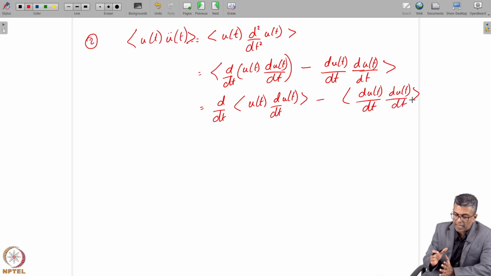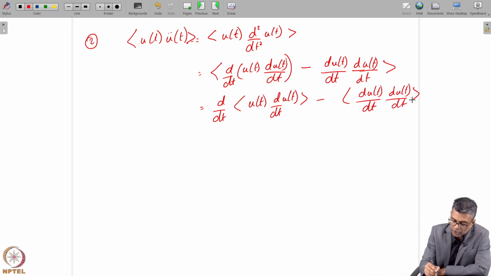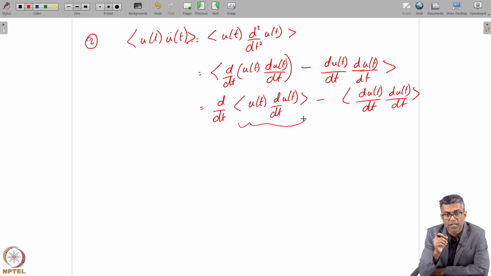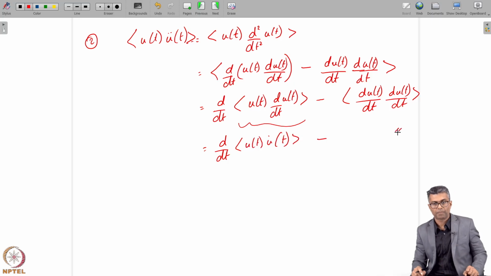I just split, I took the averaging of the first term and the second term separately. Now look at what this is. It is the covariance of u(t) times u dot, isn't it? This is essentially d/dt of u(t) u dot(t), minus whatever this term is.